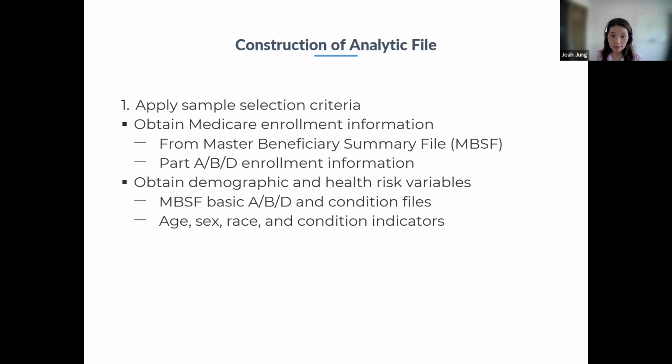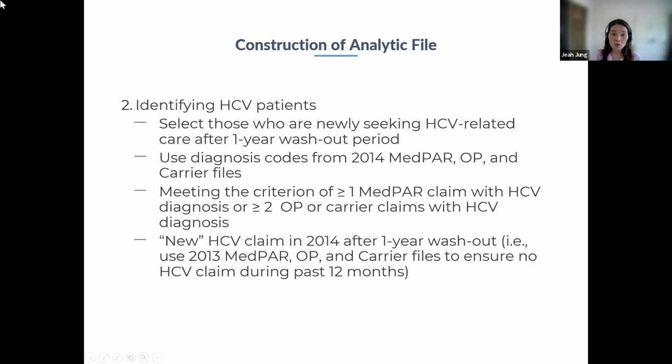Once you apply these selection criteria based on demographics or other coverage conditions, the next step is identifying our sample who are Hep C patients. Here is where we use the 2013 data. The 2013 data were used only to check the 1-year washout period.